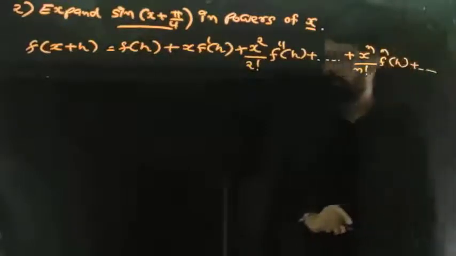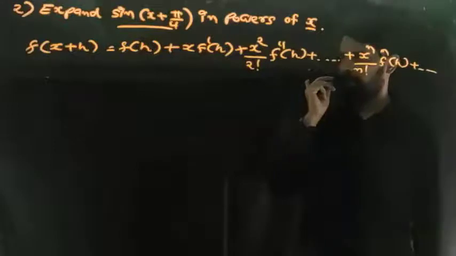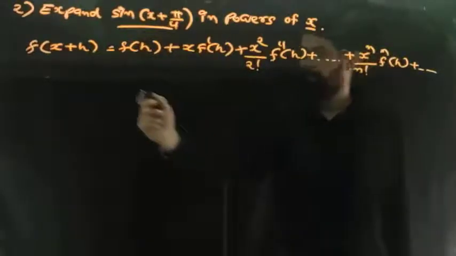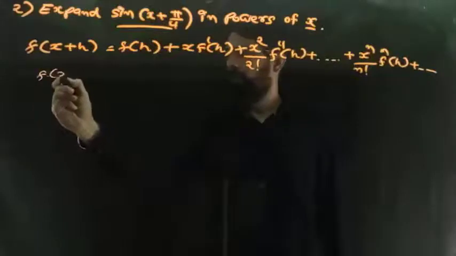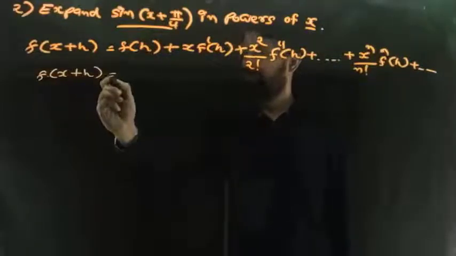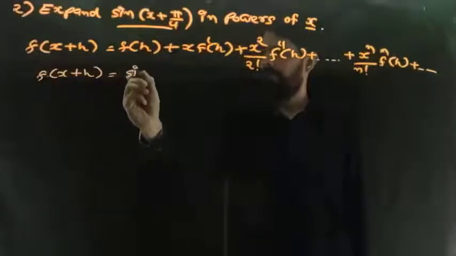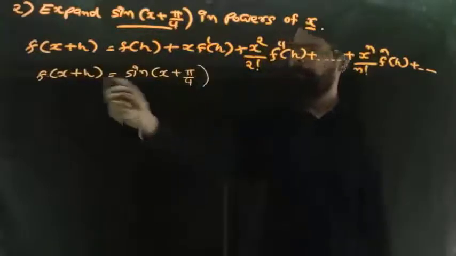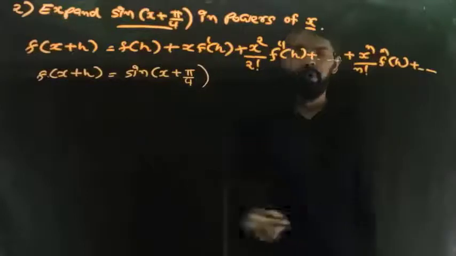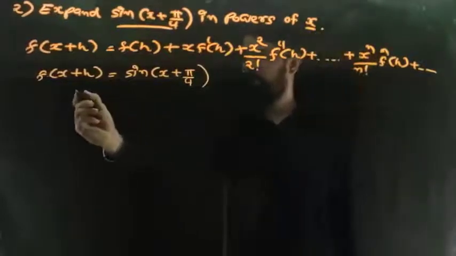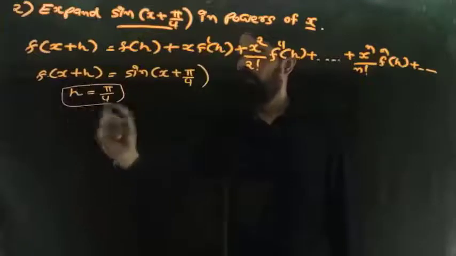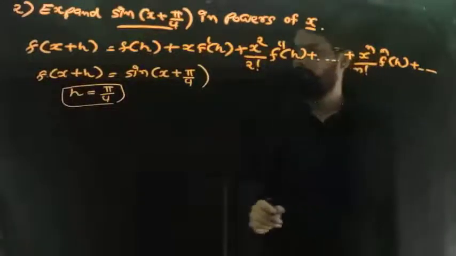First we will have to find the value of h. We compare the given function with f(x + h), so the value of h will be pi by 4.